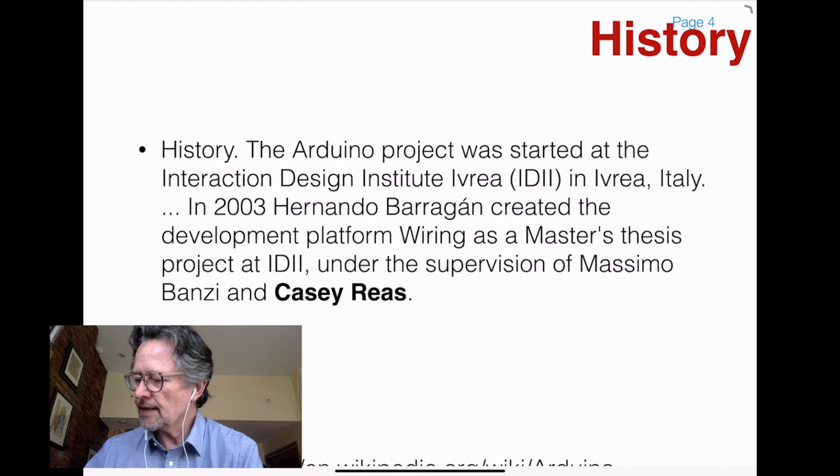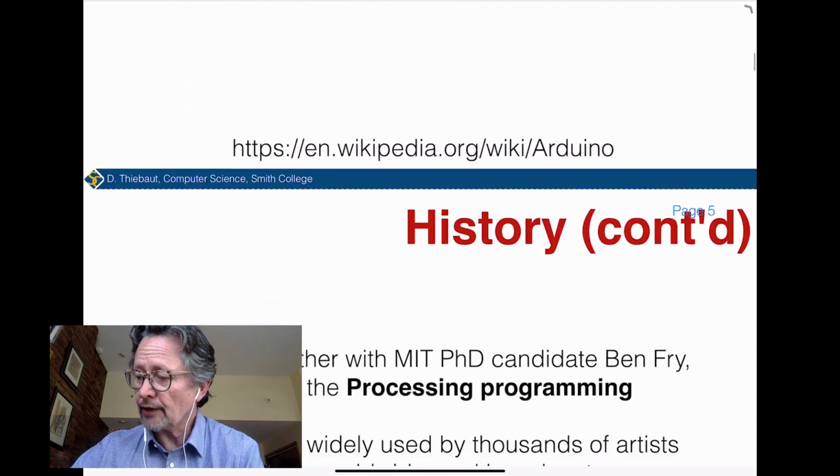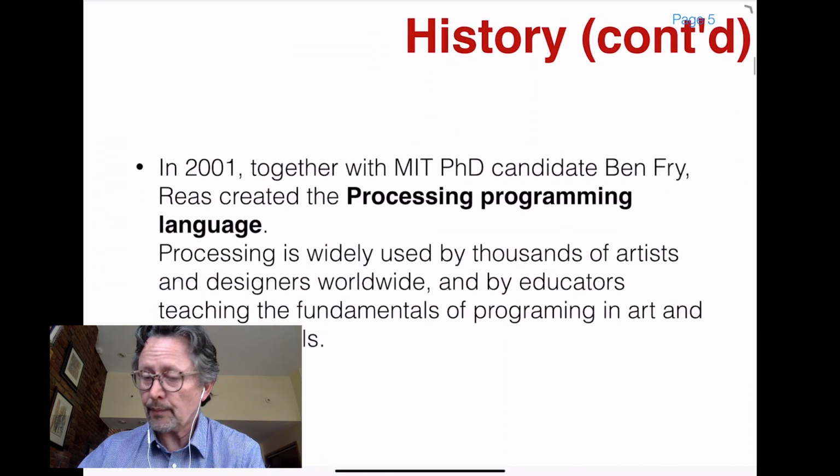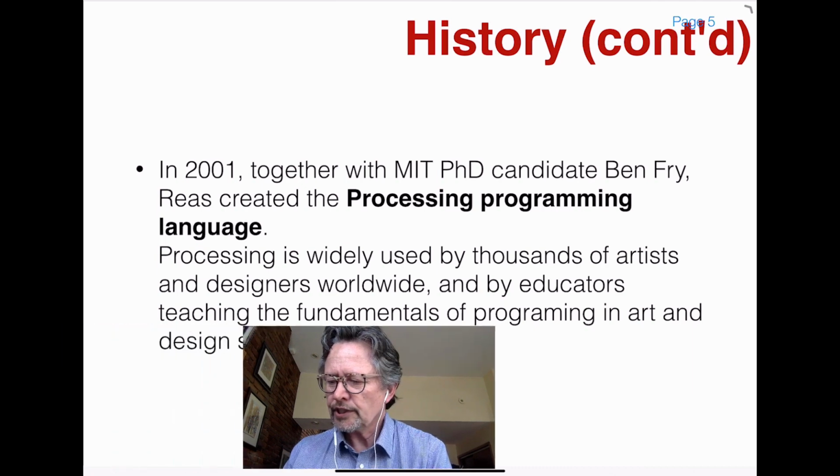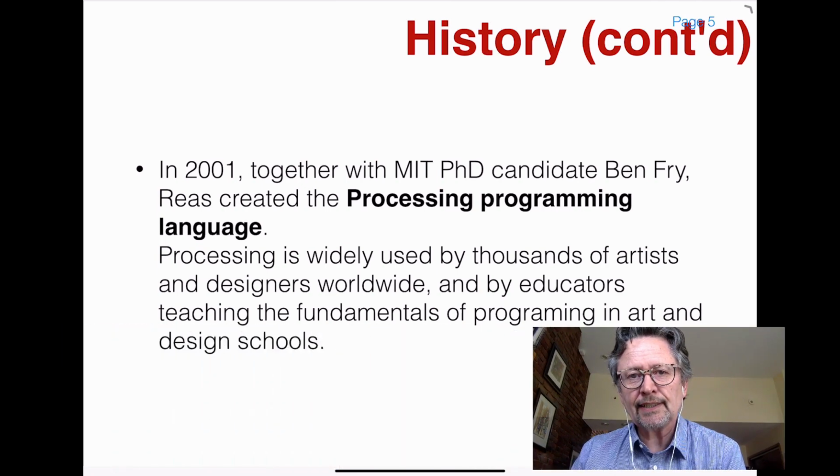Casey was instrumental in another project that has been very popular as well, which is the Processing language, a programming language for artists. It's basically Java without the heavy part of Java, without all these libraries for data structures and so on.